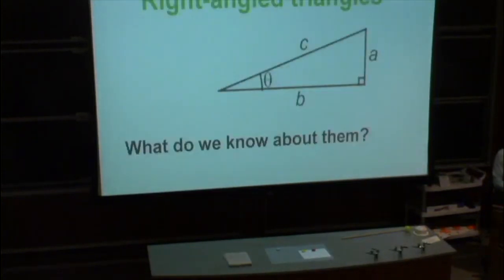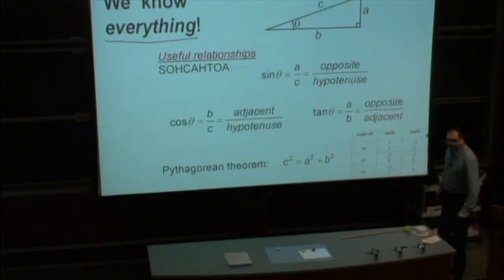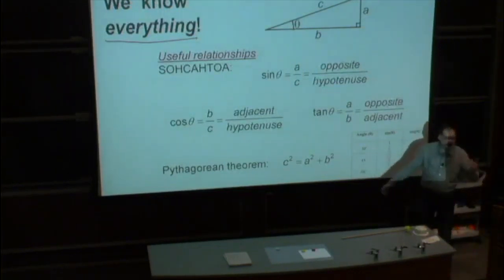So, well, there's one single word which answers this question. Everything. That's what we expect to know about right angle triangles. We know everything. This figure of this shape is heavily used in a physics course. We're going to use it maybe every other day or so.